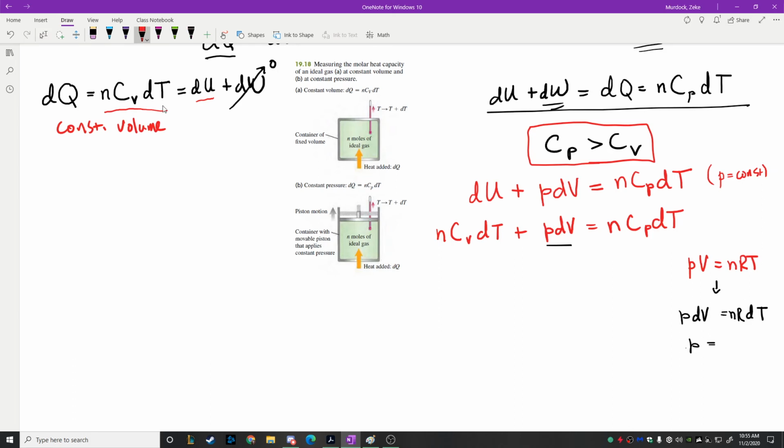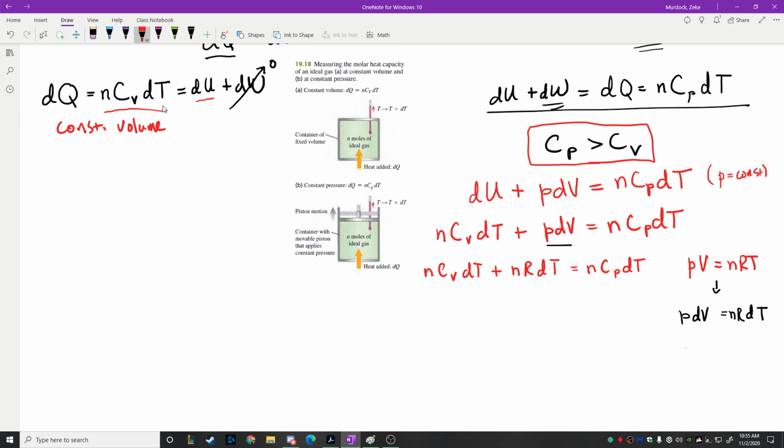So we end up getting n Cv dT plus PdV gets replaced. Let me erase this piece. PdV gets replaced with nRdT. And that's equal to n times Cp dT. And now the n's and the dT's all cancel.